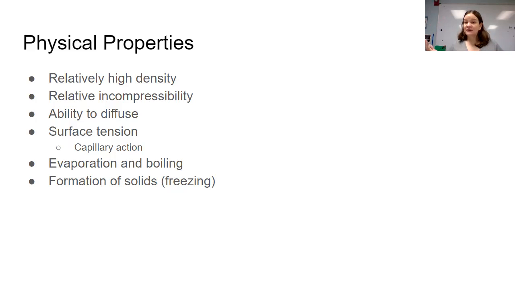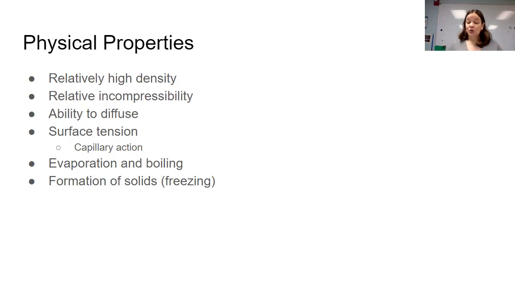Liquids, much like gases, can diffuse. This is why if you take a beaker of water or a cup of water and you add a little bit of food coloring to it, eventually, if you just let it sit, the food coloring will mix all throughout that water. That's diffusion. So liquids do have the ability to diffuse or mix together.